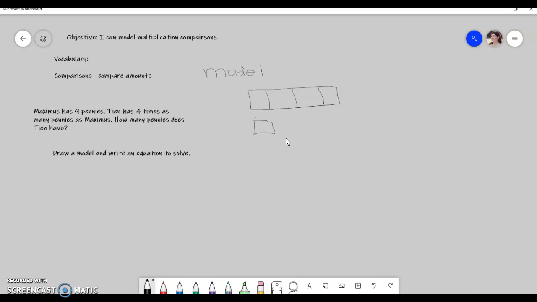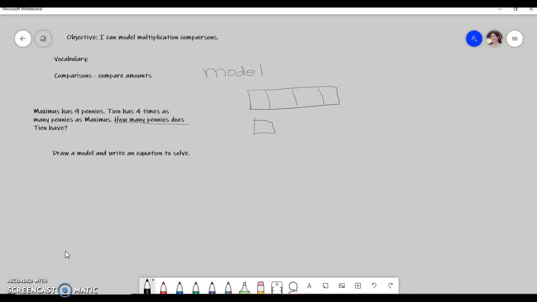All right, so our question is, Maximus has 9 pennies. Tien has 4 times as many pennies as Maximus. How many pennies does Tien have? Okay, so first I underline the question because I need to remember what I'm looking for.